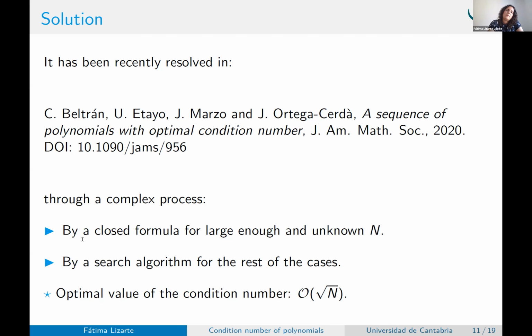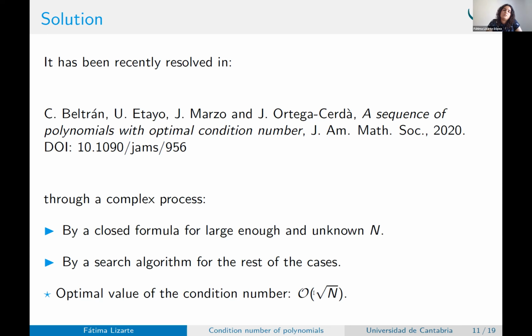In addition, they prove that the optimum value of the condition number of a polynomial of degree n is a term of this form. In fact, the condition number of their closed formula is upper bounded by a term of this form, but they didn't get the constant here. The problem was solved a few months before I started my thesis.